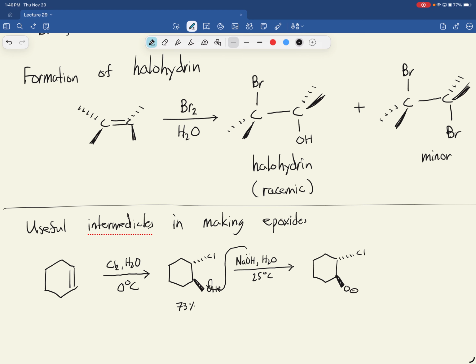And do you guys remember what I said about intramolecular reactions? Which ones are faster, intramolecular or intermolecular? Intra, because the leaving group and the nucleophile are just right there, very close by, okay?